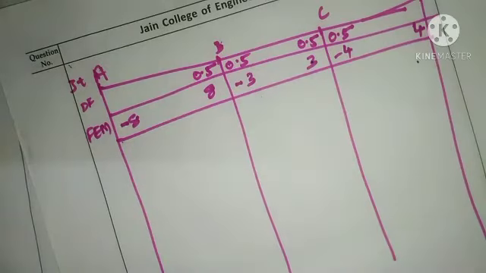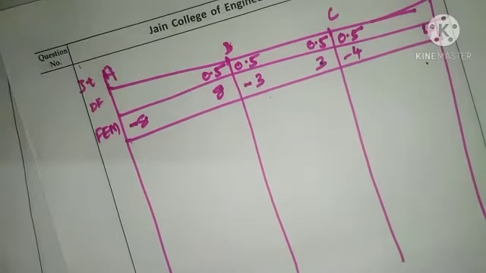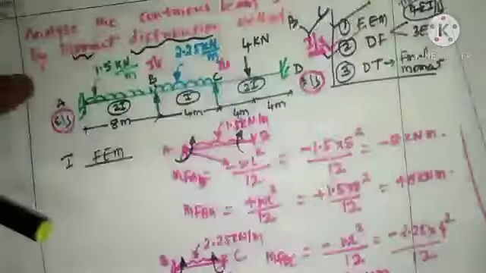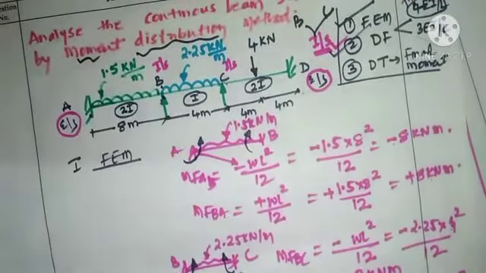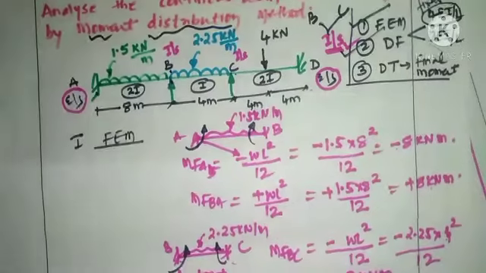Here the most important thing is we need to identify whether the end supports need to be made 0. Here there is no necessity to ensure that the end supports are made 0, because the end supports are fixed. So they have the potential to withstand the moment. For that reason, it is not necessary to make those supports 0.